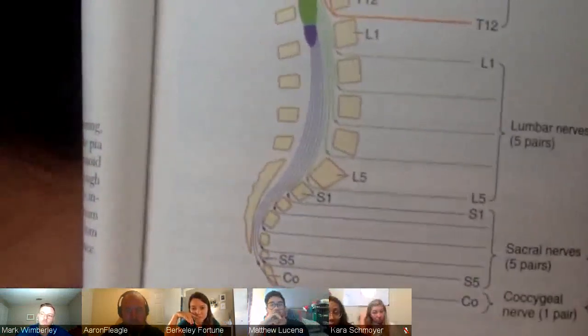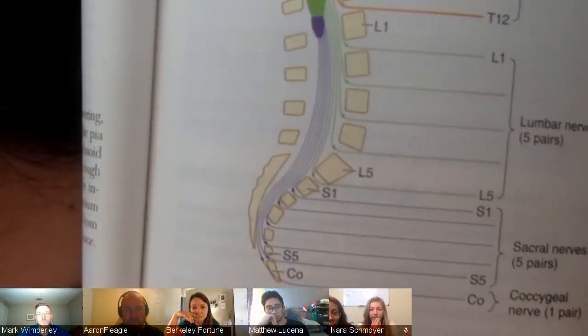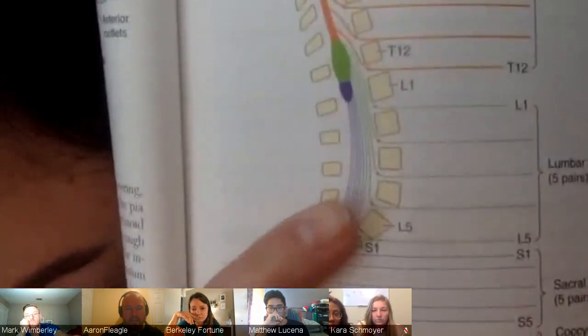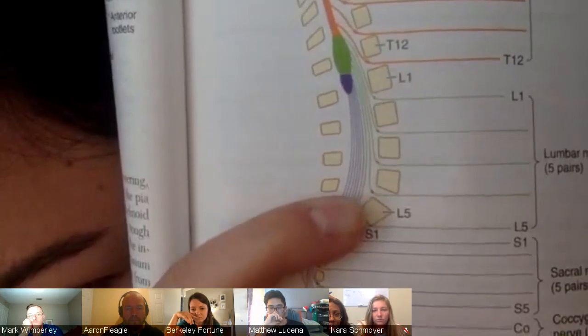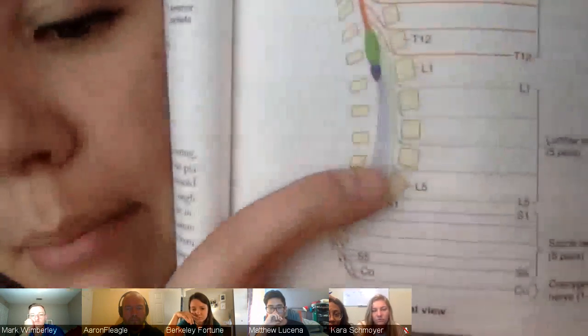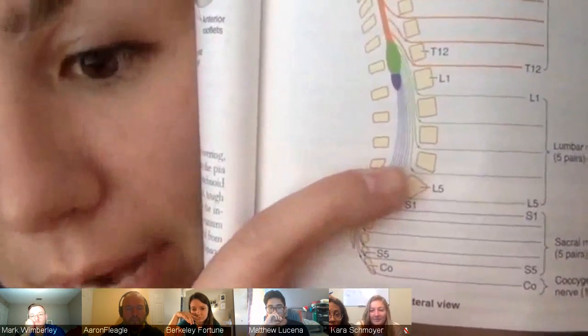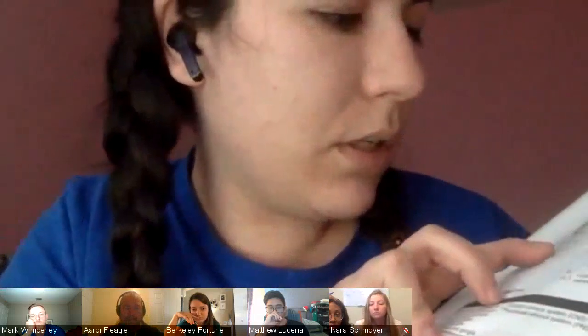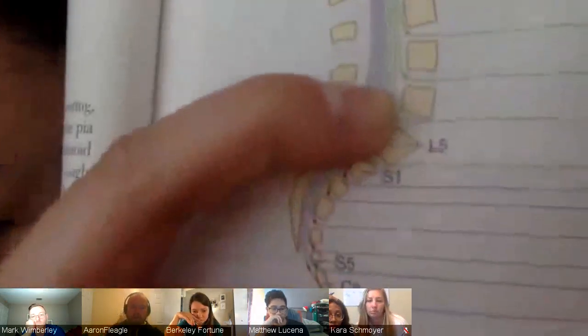I don't have that picture pulled up, but I don't know if you can see my book okay here. Basically, if you look at where L4 and L5 is, right there is L4, that's L5. So we're talking posterolateral, so it's coming out from the back and to the side.